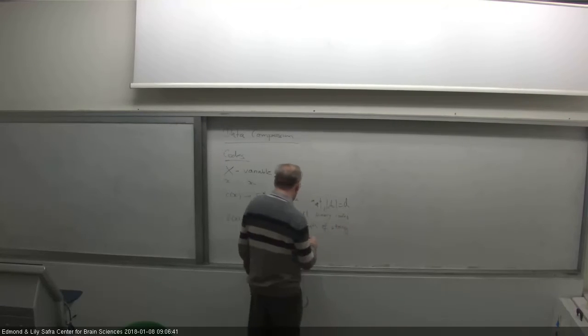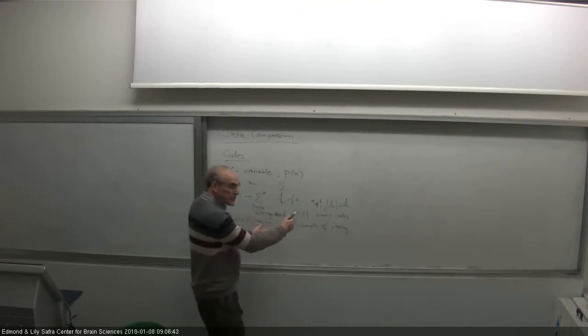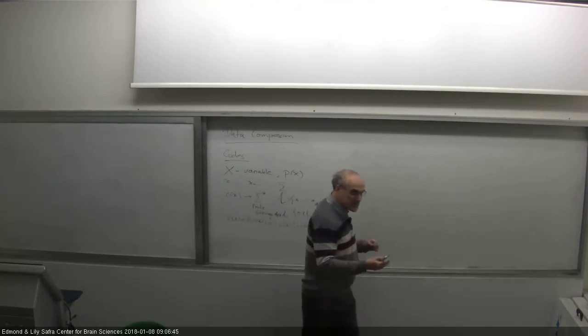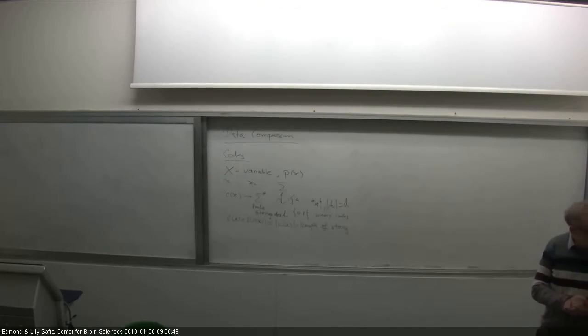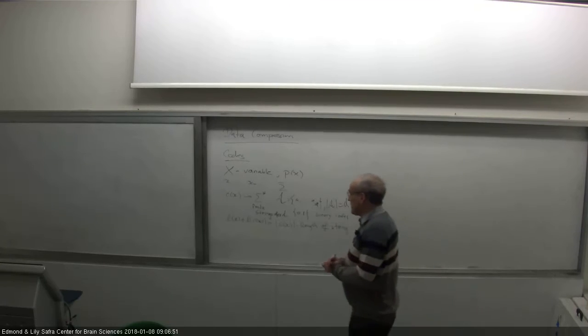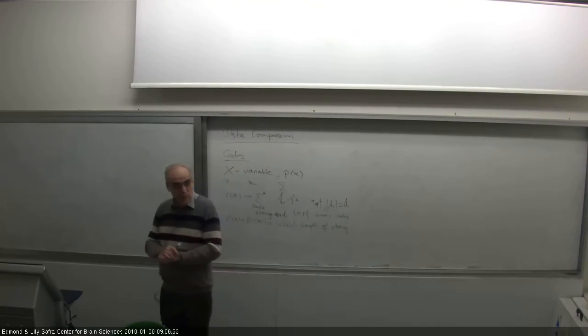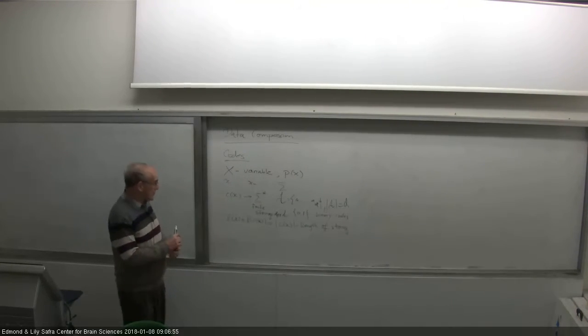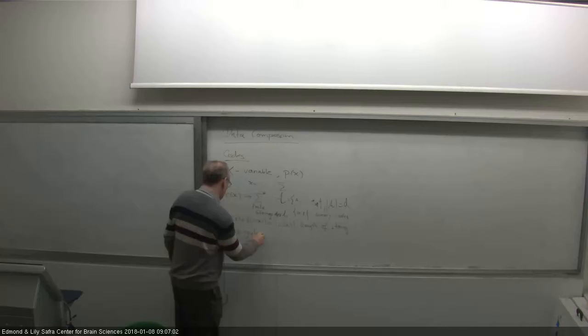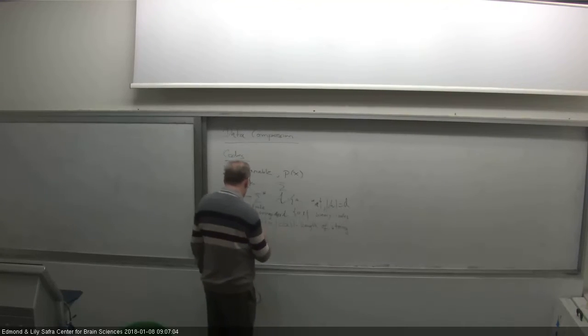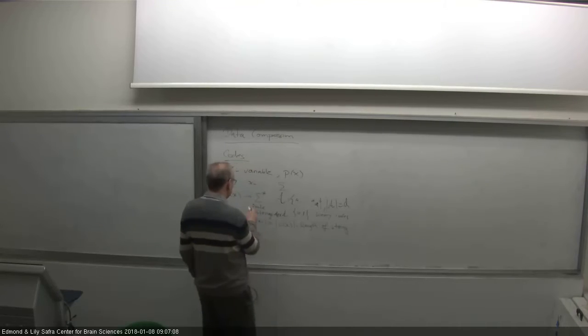Okay? So this is an ordered string, and so the length is how many symbols are there. That's as simple as it sounds. Then we said that a code is non-singular if this map is unique. This is always a function.